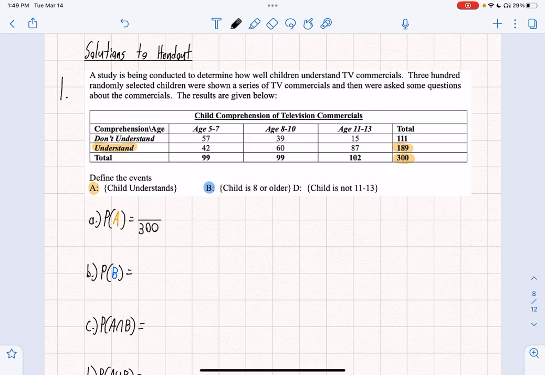Out of the total 300, how many of them understood? We have 189. So 189 out of 300 is 0.63, or equivalently 63%.